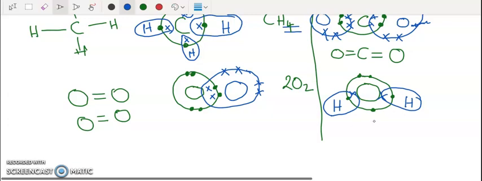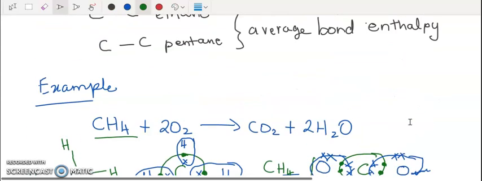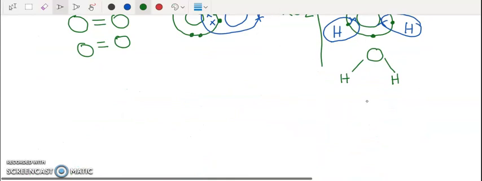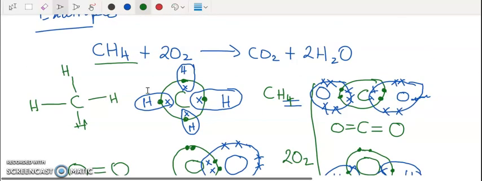So therefore we can say that oxygen, because there is only 1 electron shared, it will become a single bond H. And here also, since there is only 1 electron being shared, there will be single bond H. Now on top we can see that they are asking for 2 waters, so we're going to have 2 of this. Just going to draw an extra one here. So this is the complete breakup of how you would find out whether it's a single bond or a double bond.